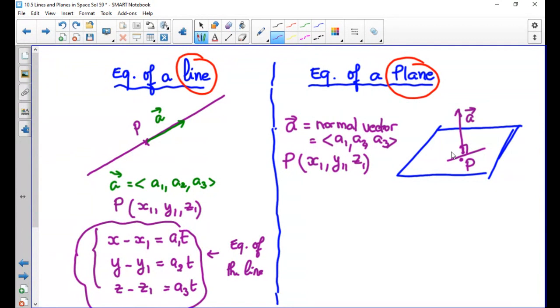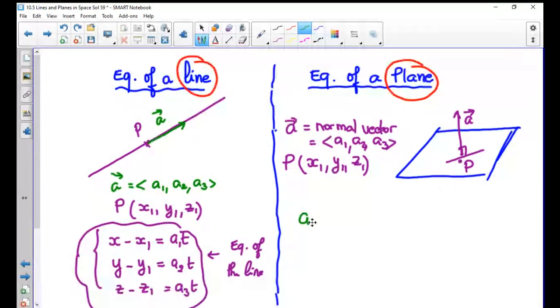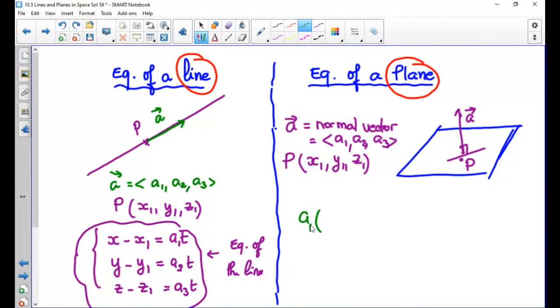0 equal A. Okay, let's put the 0 on the other side. I don't know why they did it in the book 0 equals something. So let's put that 0 on the other side. So it will be A1. Come on, girls. We did this, yeah? A1 multiplied by x minus x1 plus.